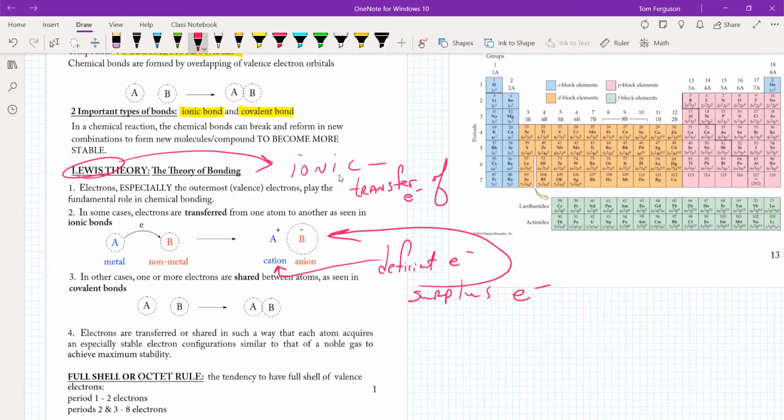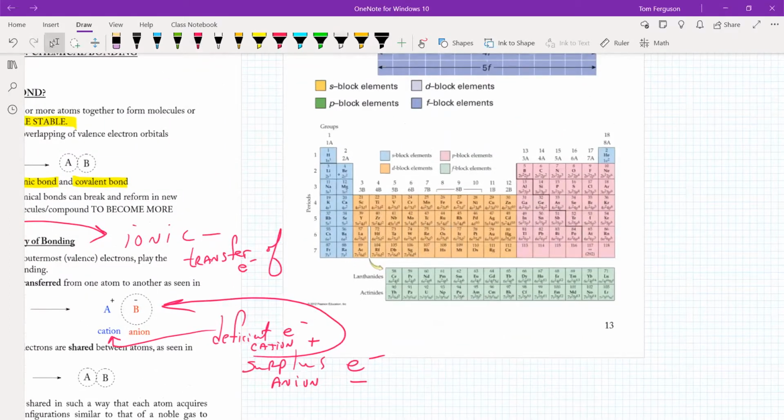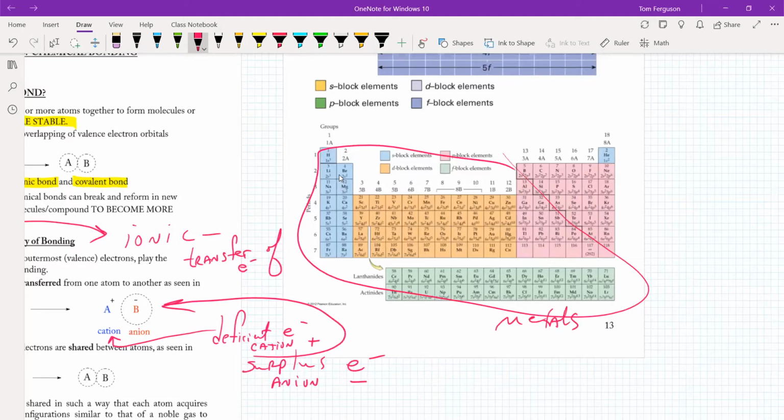So one is going to be deficient, one's going to have a surplus. The deficient one is going to be called a cation, positively charged. The surplus one is going to be called an anion, and it's going to be negatively charged. Typically, because metals, remember on our periodic table, most of the elements are metals, they tend to lose electrons and become cations.